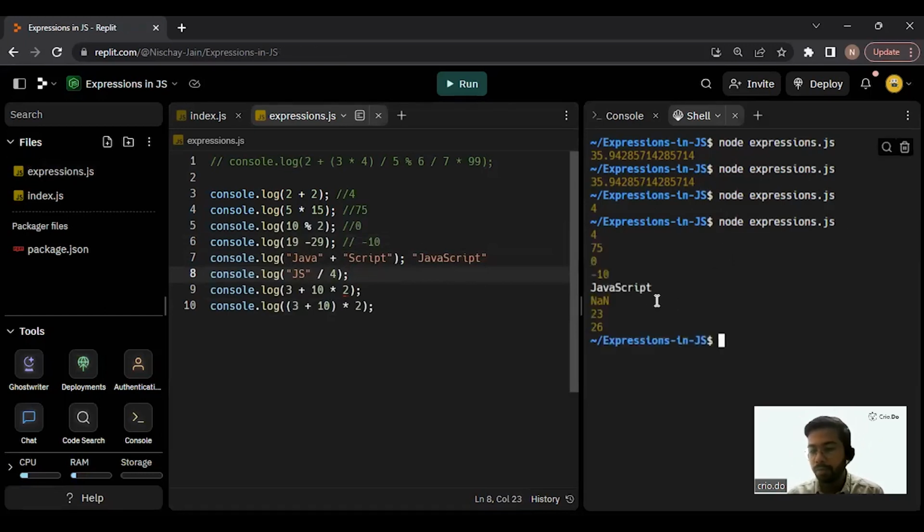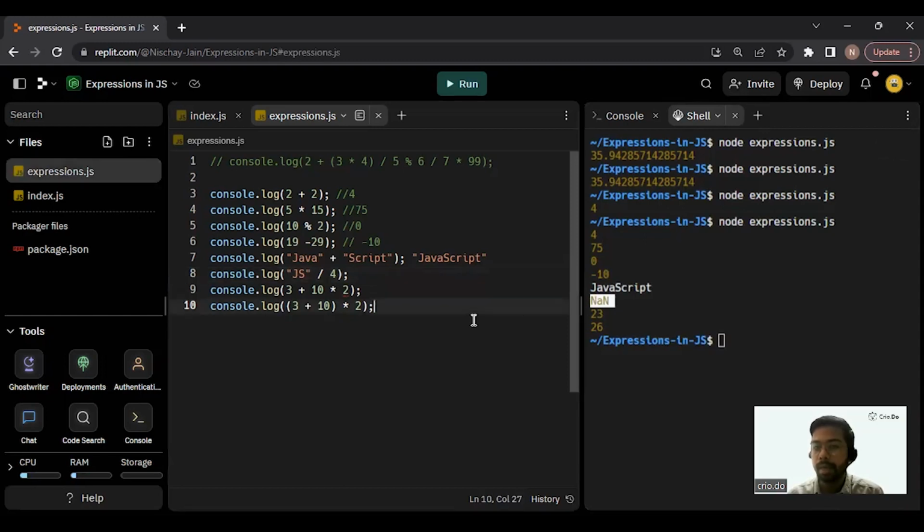So if I execute this, I'm able to see an answer known as NaN. Now what is the full form of NaN? NaN stands for not a number. So it is a special number available in JavaScript, which is simply used to denote all the invalid mathematical operations in JavaScript.